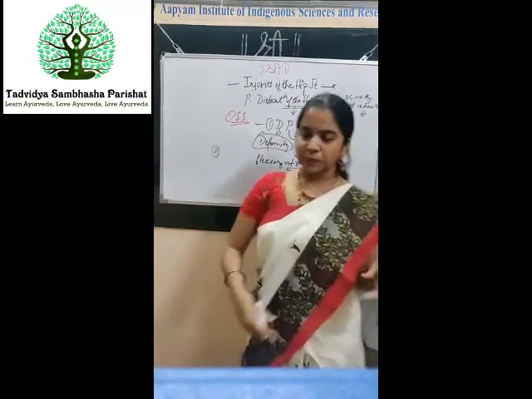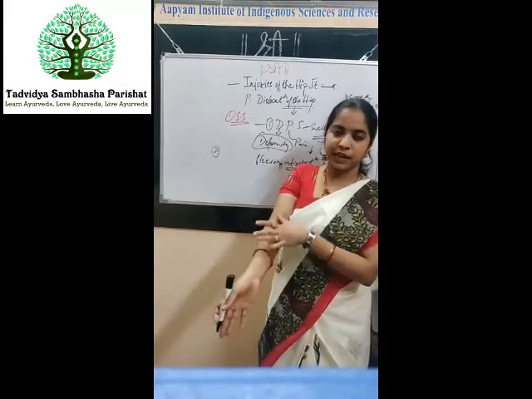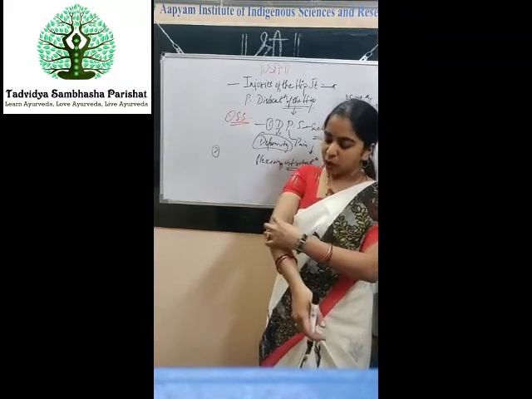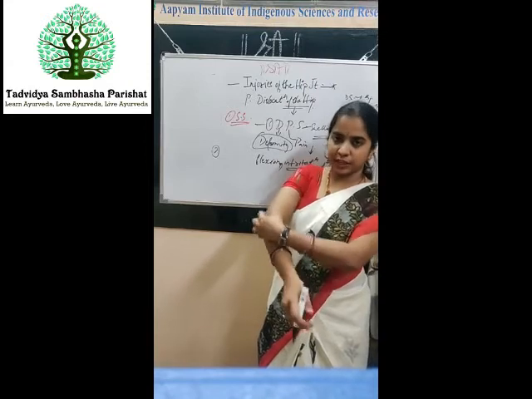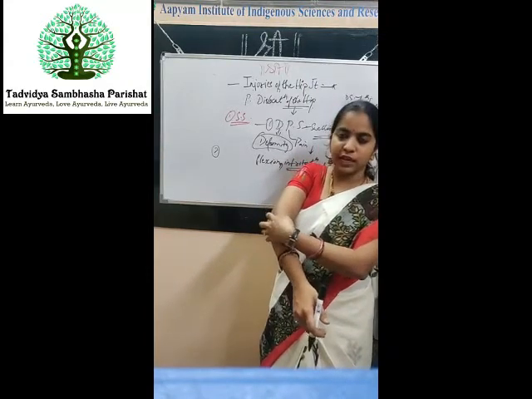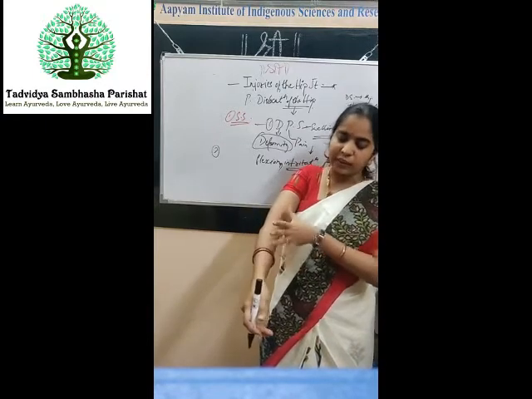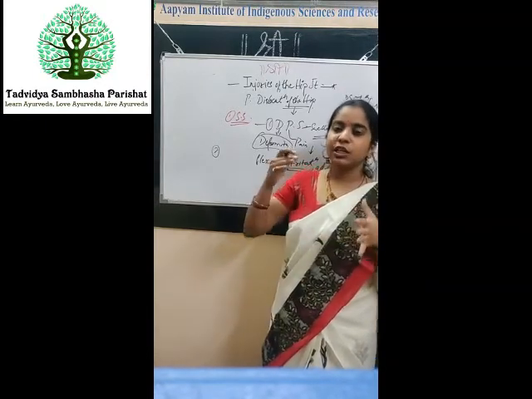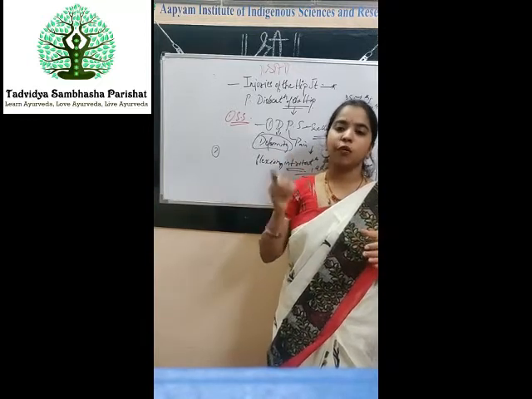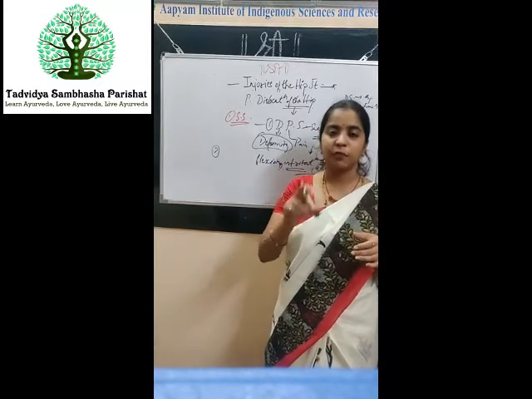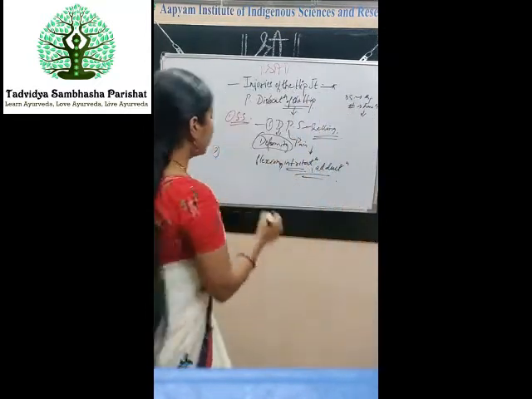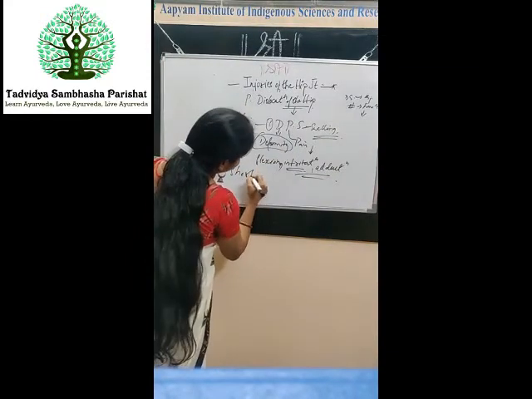Now the second one: suppose this is the particular length of your limb, and whatever the head was supposed to be here, the head is being posteriorly pushed away. So the length of the limb decreases. It is a typical symptom in case of posterior dislocation of the hip, where there is shortening of the limb.